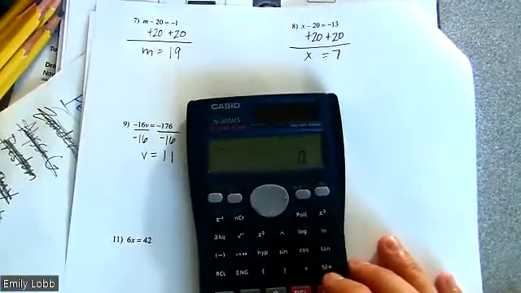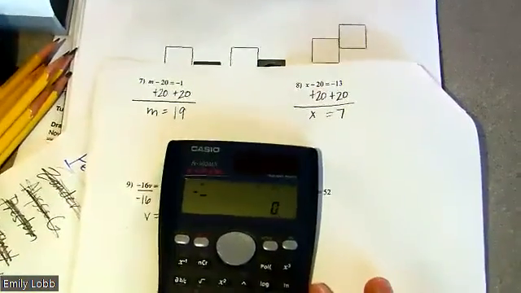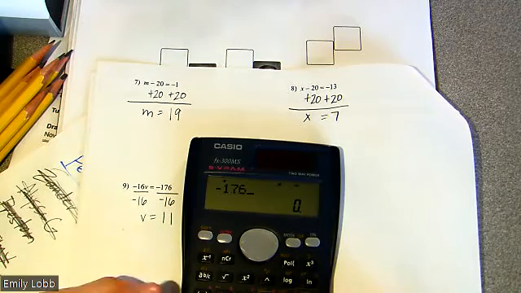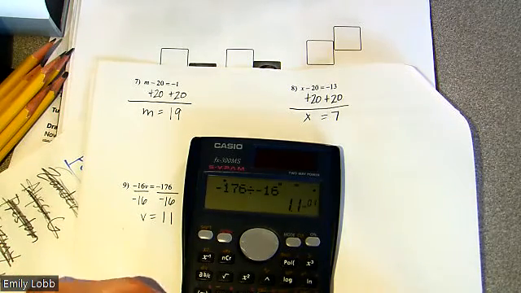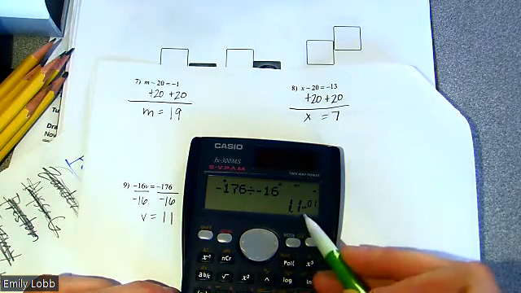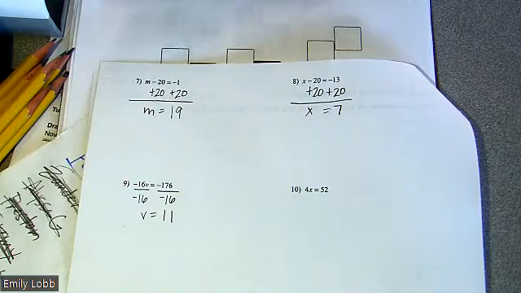Negative 176 divided by negative 16 is, yeah, this one's in scientific notation. Times 10 would give me 11. That's why I have this calculator over here.